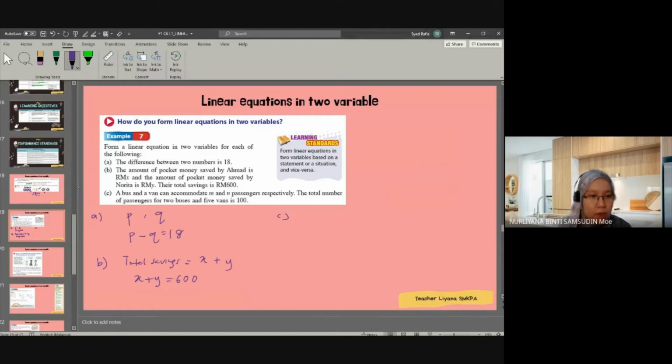A bus and a van can accommodate M and N passengers respectively. The total number of passengers for 2 buses and 5 vans is 100.